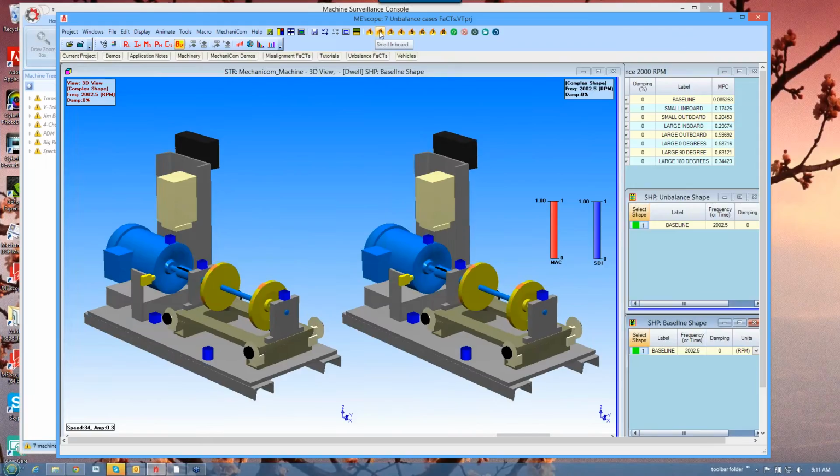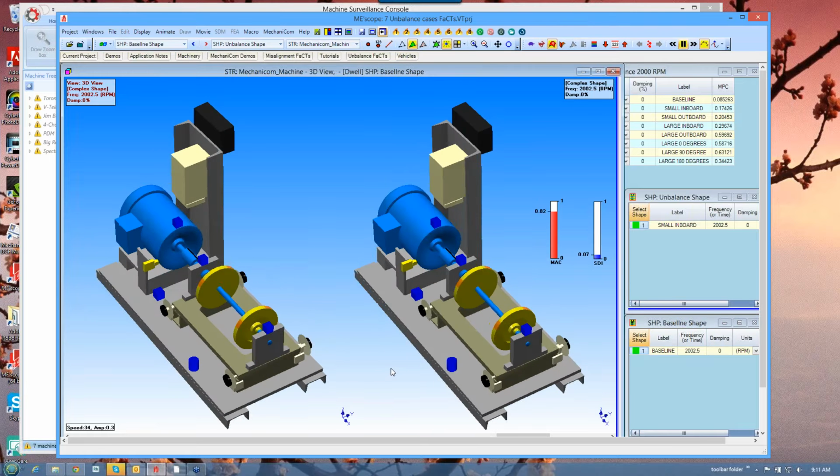Now I'm going to push the small inboard unbalance. So now you can see that the animation has changed. On the left is the balanced, on the right is the unbalanced. You can see the machine is starting to move a little more. We took data where these accelerometer icons are.